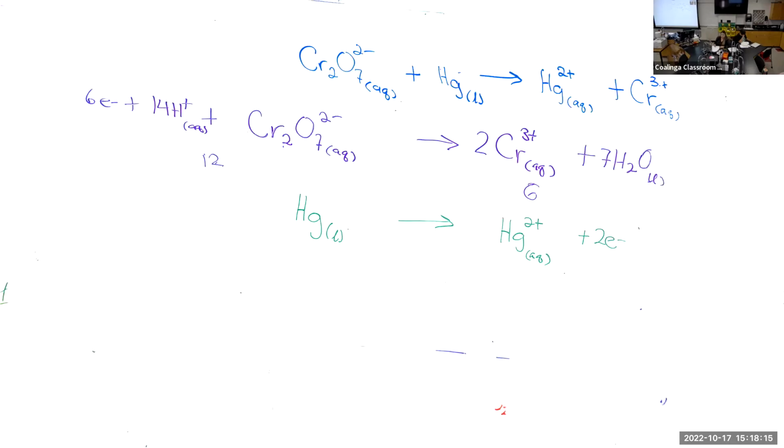Now we have to even out the electrons. So since we have a multiple of 6, we can just multiply the bottom by 3.